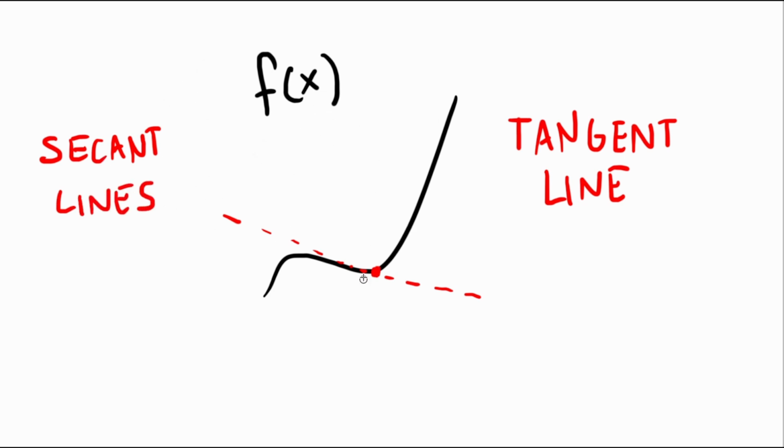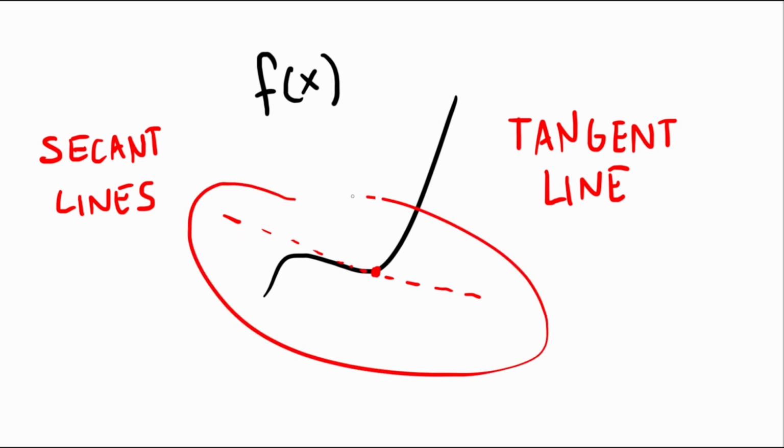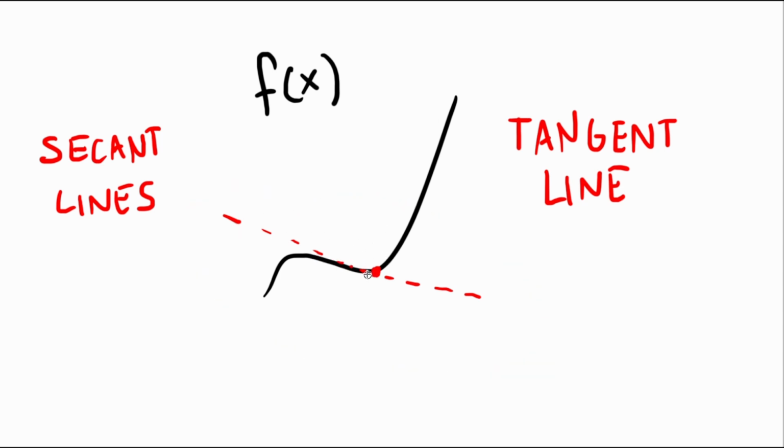Using secant lines, we're trying to find the closest approximation to this line. So we want to have our second point as close to the first one as possible.